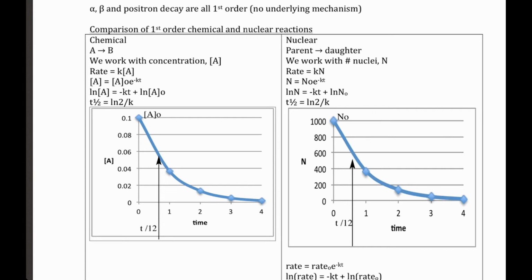N versus time is given by that exponential decrease. N is equal to N naught, whatever the original number of nuclei were, times e to the minus kt, where k is the rate constant. The linear form would be ln of N equals minus kt plus ln of N naught. The half-life is given by t sub 1/2 equals ln of 2 over k, the rate constant.